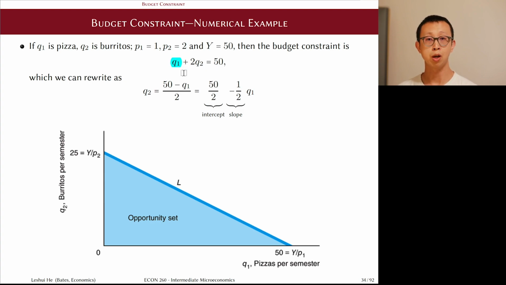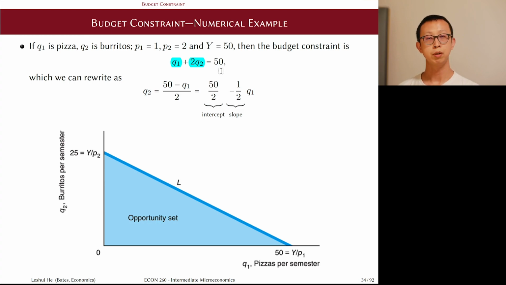With a price of $2 for every unit of burrito, for Q2 units of burrito, it's going to cost me 2 times Q2 amount of expenditure. So adding up the expenditure I spend on pizzas and burritos, they have to sum up to be my budget of $50 on the right-hand side. And there we go. That is the budget constraint.